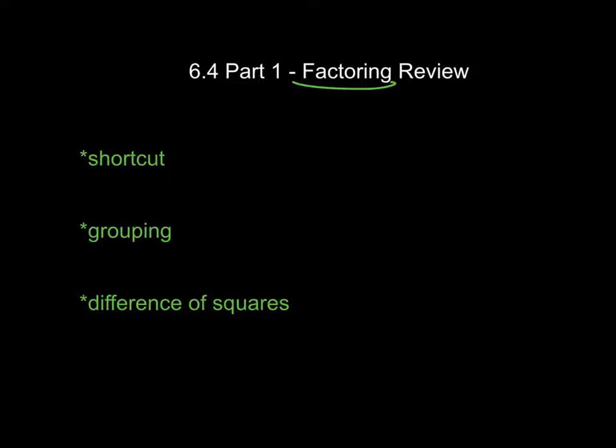So, for example, we have 3 different types that we're really going to talk about today: shortcut, grouping, and difference of squares. Shortcut, if you had me last year, you may remember what this means. If not, this is just what I'm going to call it. It's anytime we have a equals 1. So that would be if we had something like x squared plus, let's say, 3x plus 2.